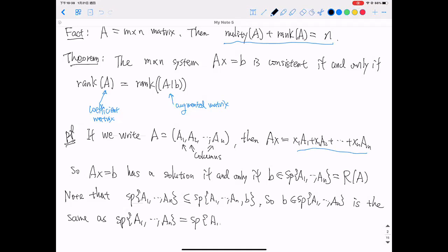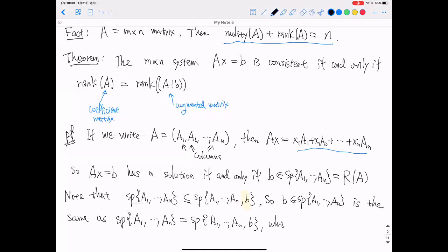Because one span is already contained in the other. If the only new vector you add, namely B, also belongs to the span of A1 through AN, then the span of A1 through AN and B is going to be inside the span of A1 through AN. Therefore, the two spans are equal. Okay.